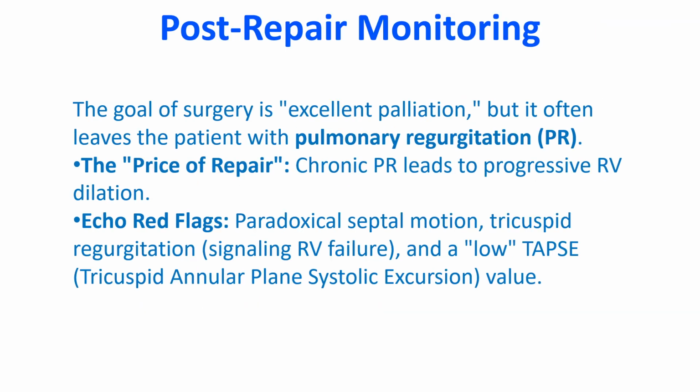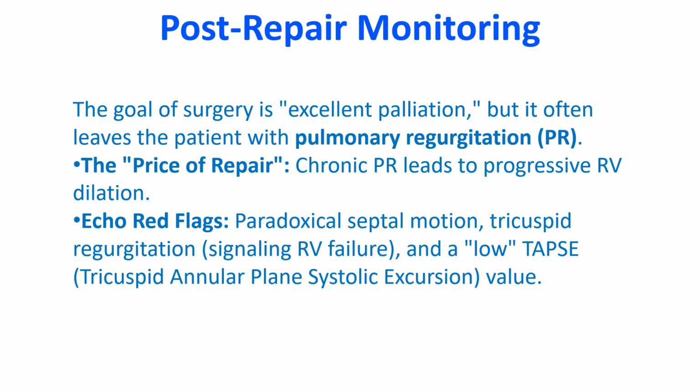Post-repair monitoring is also highly important. Goal of surgery is just excellent palliation. It often leaves the patient with pulmonary regurgitation, and chronic pulmonary regurgitation leads to progressive right ventricular dilatation.